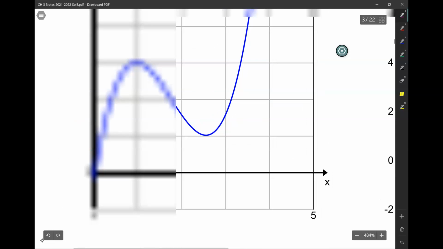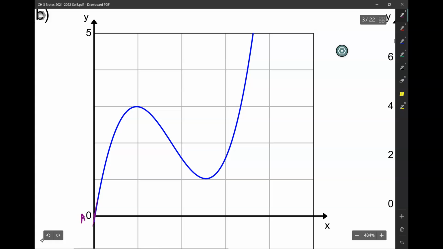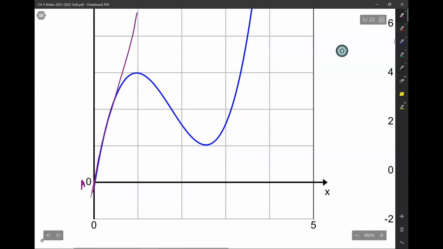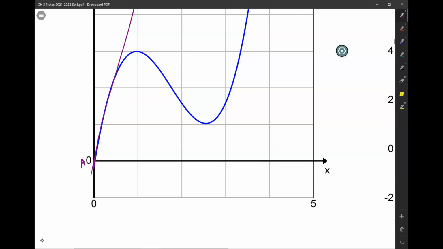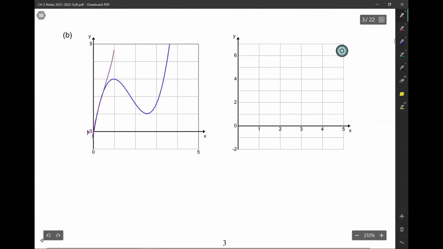When I'm here, I'm going to call this point A. I'm going to exaggerate this a little bit, just that slope there, the tangent. Do you see how the tangent there looks like it's about a slope of 4? So if this is point A, I'm going to say A prime is roughly 4.